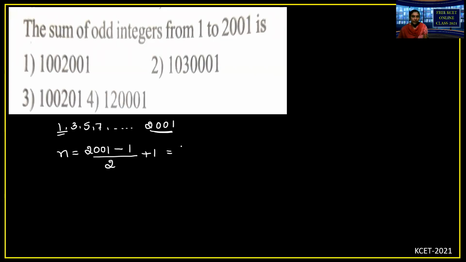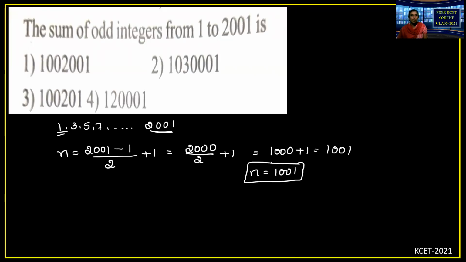So that can be written as 2001 minus 1 is 2000, divided by 2, plus 1. 2000 divided by 2 is 1000, plus 1, that is 1001, the number of terms from 1 to 2001. There are 1001 terms.